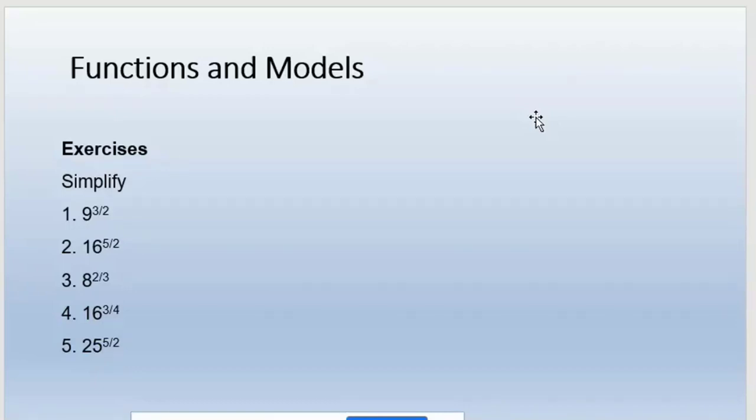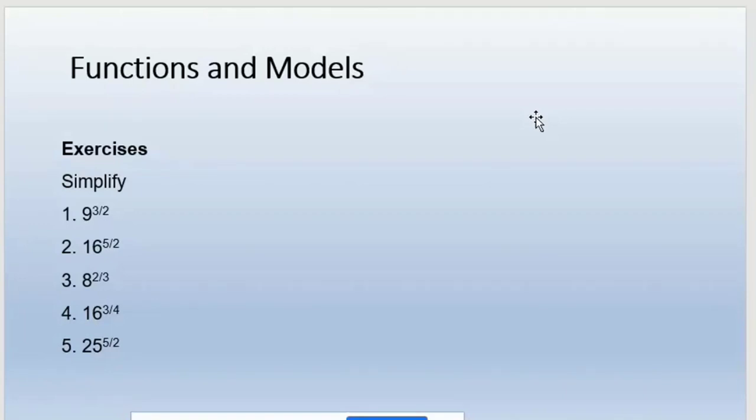Yes, sir. What did you get for number 1? 3 cubed, which is 27. Then the second one is 4 to the 5th power, which is 1024. The third one is 2 squared, which is 4. Okay.